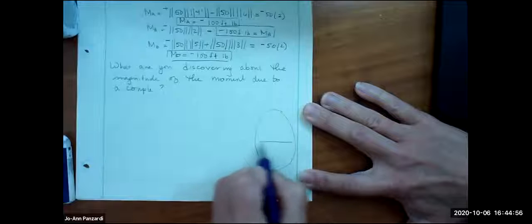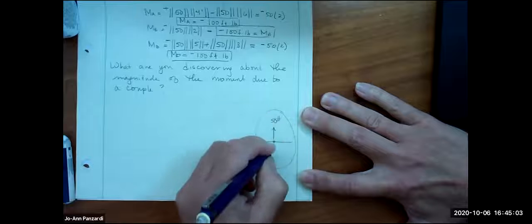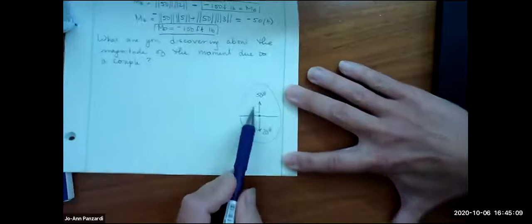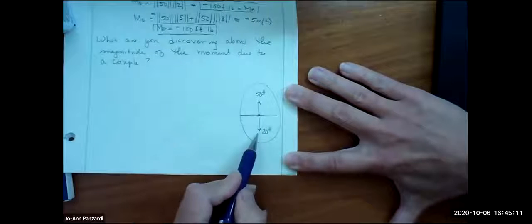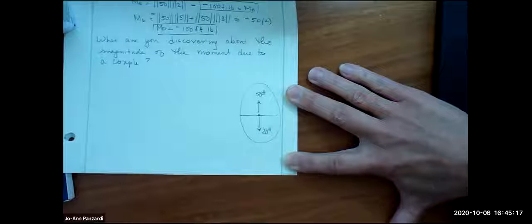Well, let me just look at this anyway. Let's say I have a point here, and I have 50 pounds and 20 pounds. Can everybody see that? I have 50 pounds going up at this point and 20 pounds going down. There is a 20-pound couple there, right?